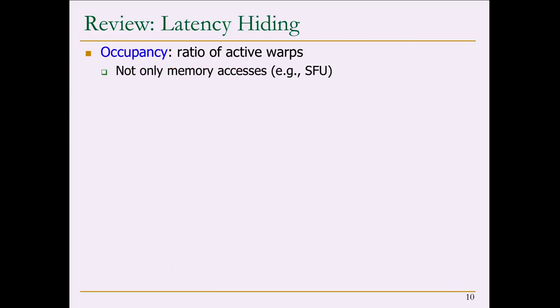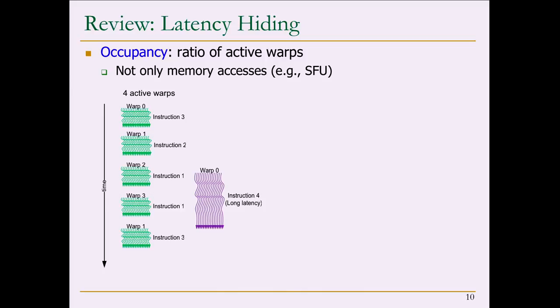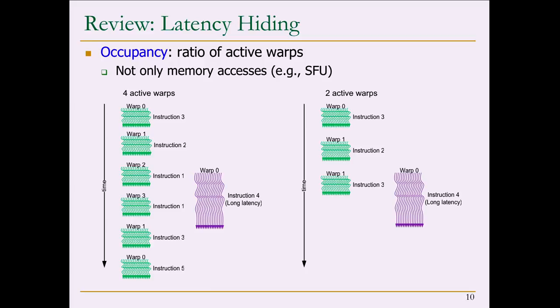So remember, the latency hiding mechanism allows us to hide some long-latency instructions. For example, in this case, the execution of instruction 4 by warp 0 is hidden by some other instructions, in this case from different warps, 2, 3, 1, etc. We should try to have the value of the occupancy, which is the ratio of active warps that we have in each GPU core, high enough to have enough thread-level parallelism or warp-level parallelism.